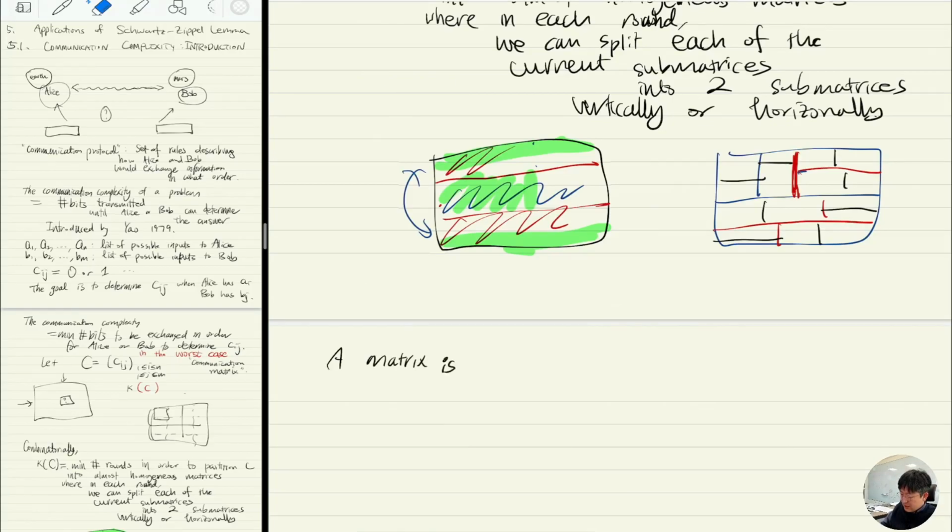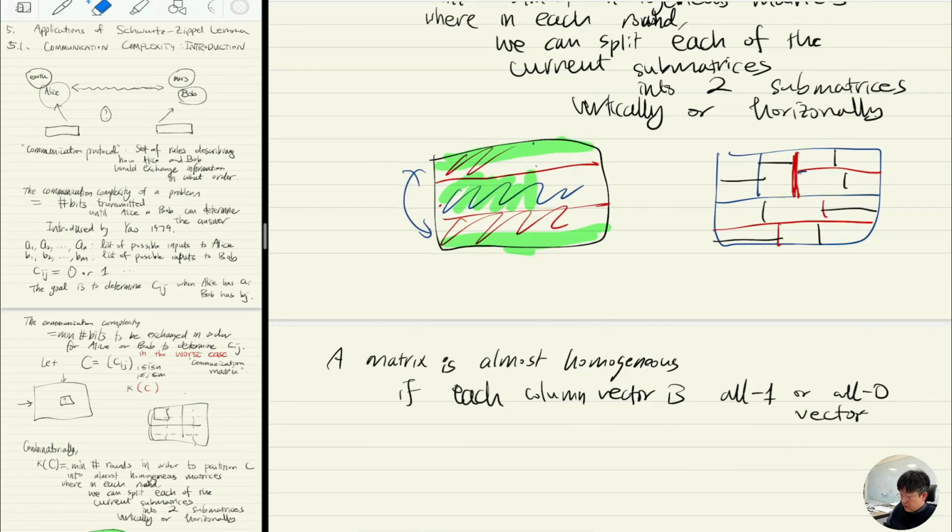A matrix is almost homogeneous if each column vector is all 1 or all 0 vectors, or each row vector is all 1 or all 0 vector.